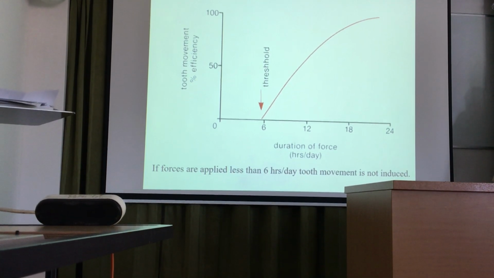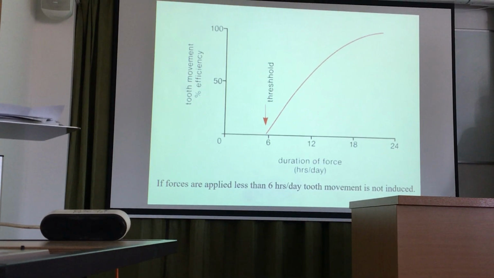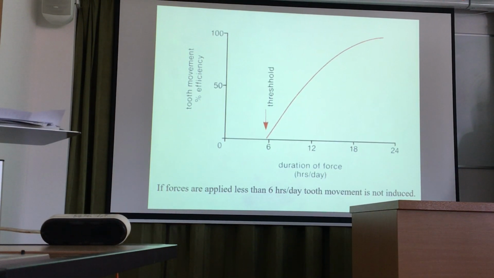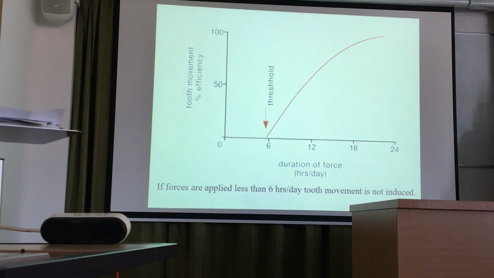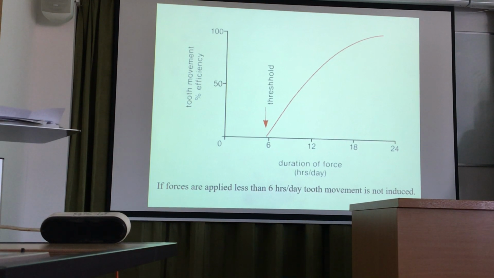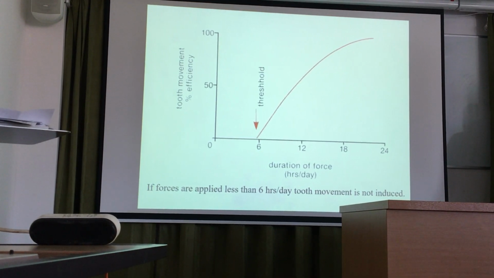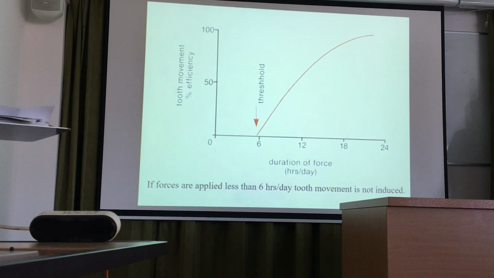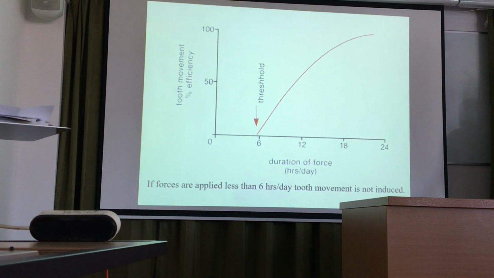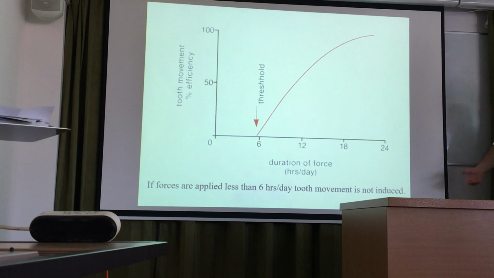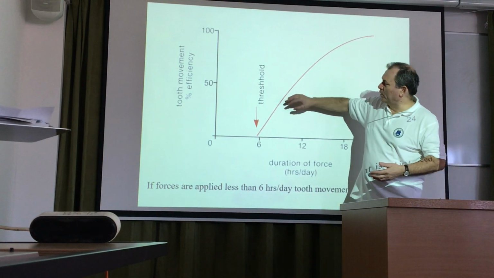So when you give an appliance to the patient, you should tell the patient that she or he should use the appliance more than 6 hours, usually 8 hours or more per day, okay? Because when the patient uses it only 1 hour per day, it will not be effective.